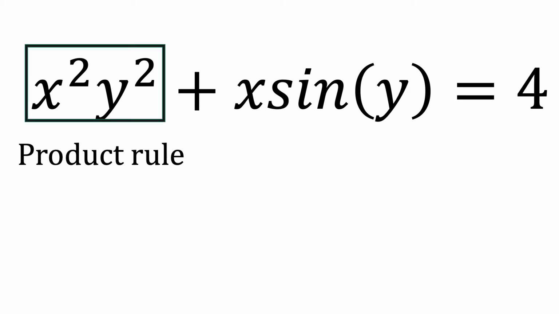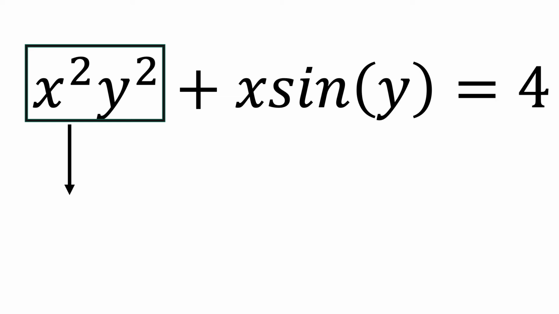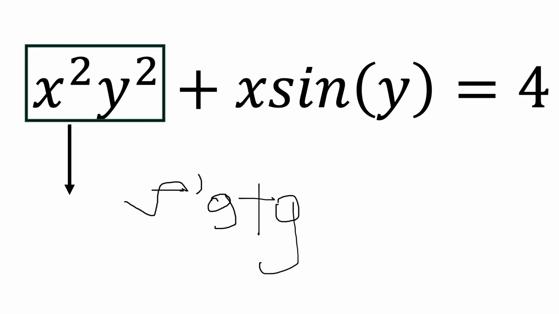Let's start on the first term, x squared times y squared. That's a product rule because they're being multiplied. Okay, so let's make a prediction of what the derivative of x squared times y squared is. We know the product rule, f prime g plus g prime f, so let's keep this in the back of our minds.